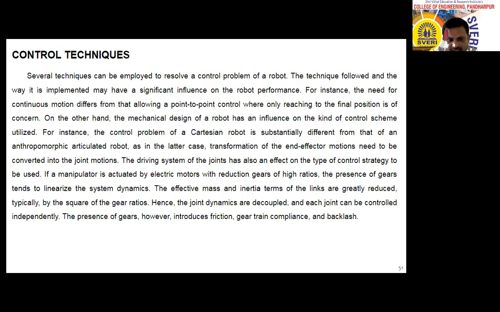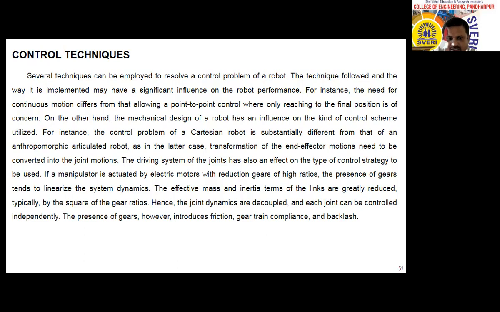If a manipulator is actuated by electric motors with reduction gears of high ratios, the presence of gears tends to linearize the system dynamics. The effective mass and inertia terms of the links are greatly reduced, typically by the square of the gear ratios. Hence, the joint dynamics are decoupled and each joint can be controlled independently.